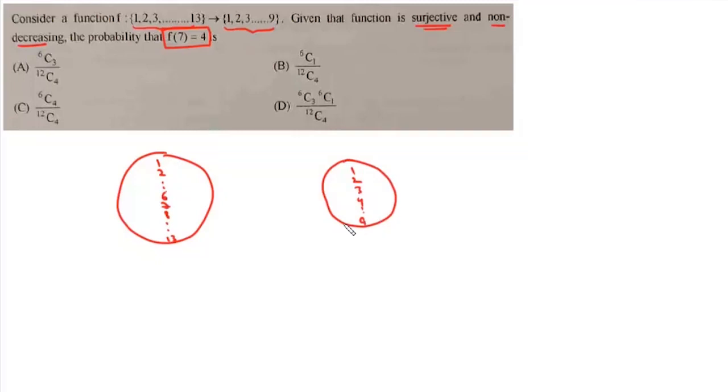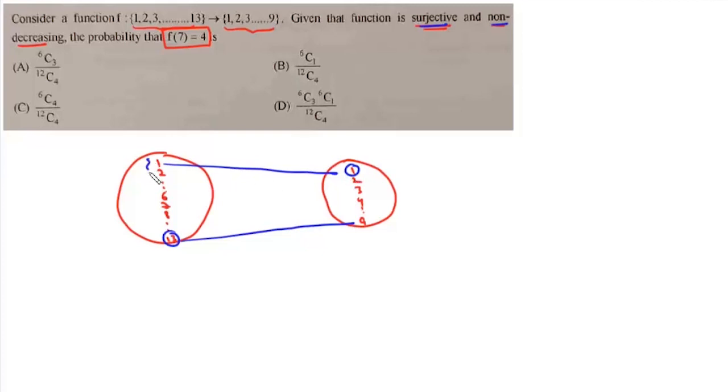First we will find the total number of ways in which this given function can be surjective and non-decreasing. It will be surjective and non-decreasing if this one is mapped to this one, and it may also map to 2 or 3 whatever, and this 13 has to be mapped to 9.